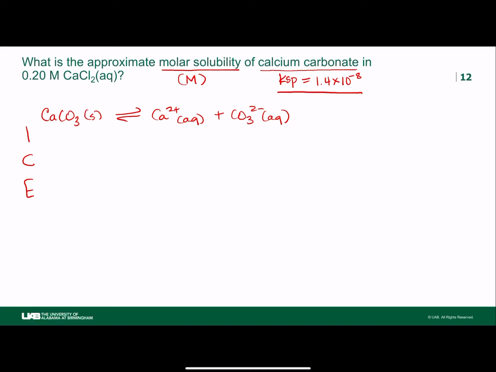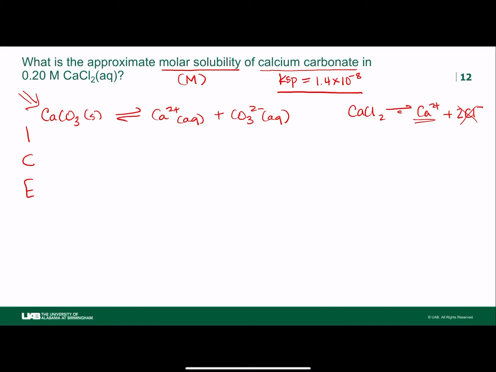But I also have to remember that in this same solution, there's a second equilibrium that's happening. And it's a really product-favored equilibrium, so I should probably draw it more like that. But still a competing process that I have to deal with. And that's that calcium chloride falls apart to its ions. Now, the chloride in this competing equilibrium doesn't matter because the chloride's nowhere in my calcium carbonate equilibrium.